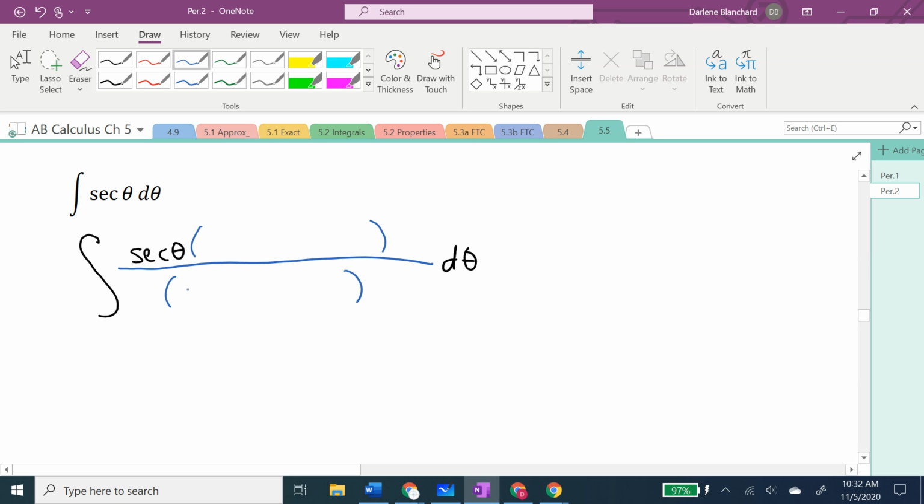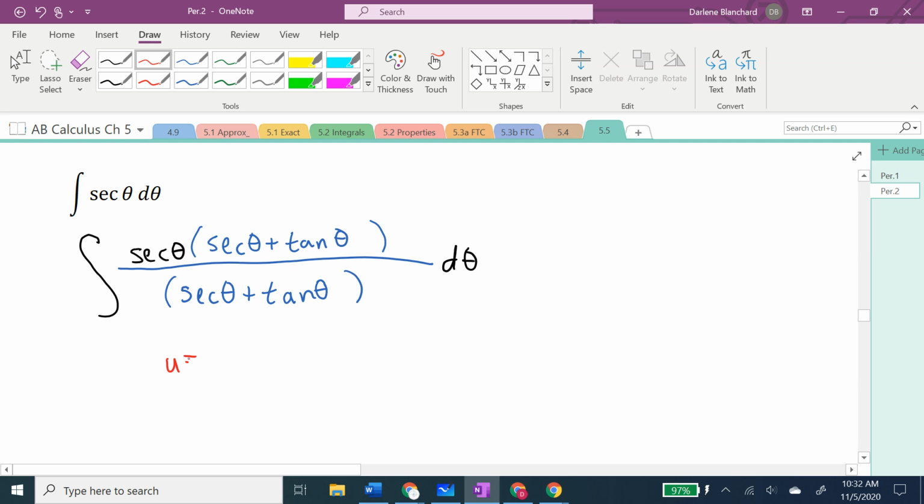That expression that works perfectly is secant theta plus tangent theta. And I repeat, you're going to end up having to memorize this. What I'm doing right now is not the process you're going to want to go through, but I want to show you that we get out of this what the formula is.